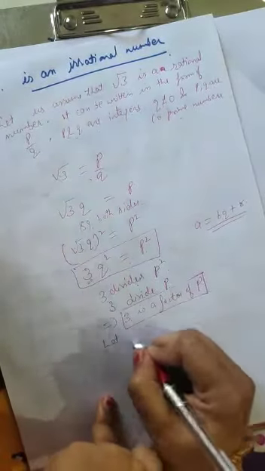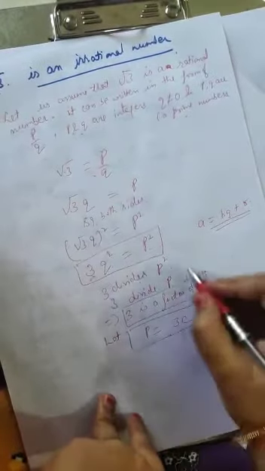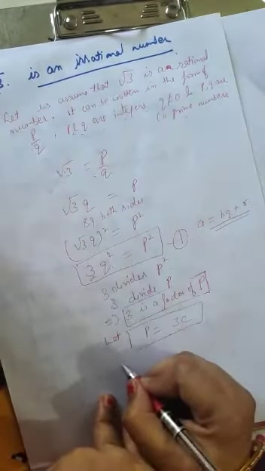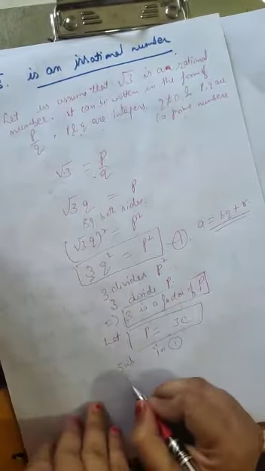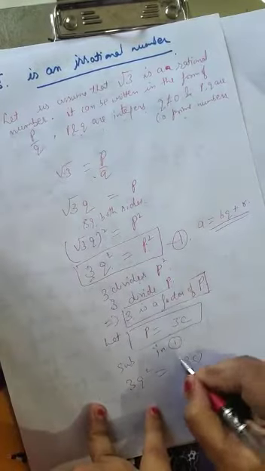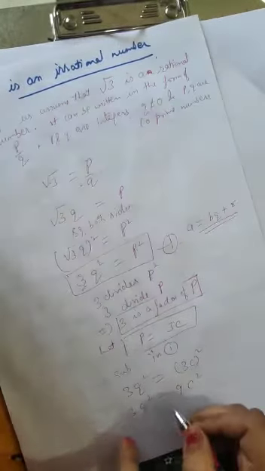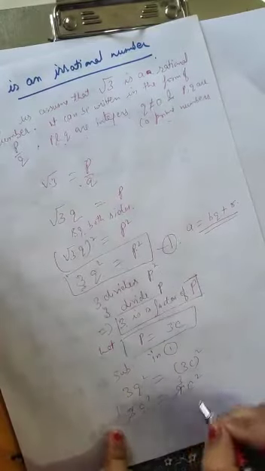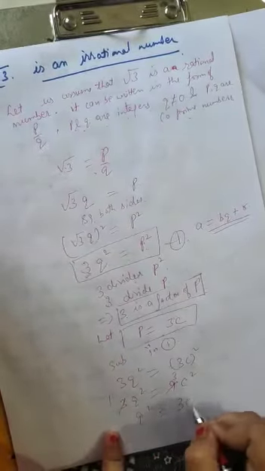Now let p is equal to 3c, any number, and substituting in 1, then 3q square is equal to p square means 9c square. 3 1s are 3, 3 3s are 9. It means q square is equal to 3c square.